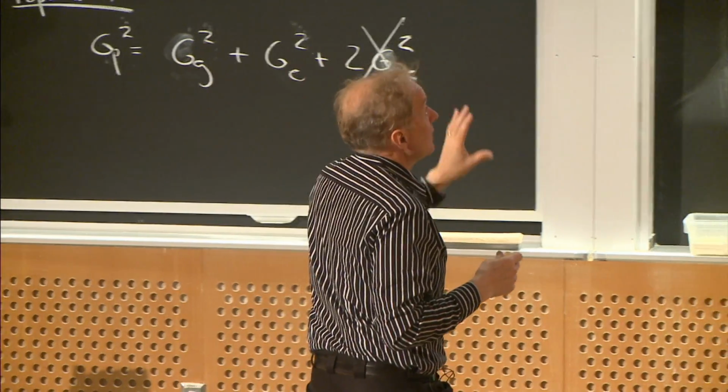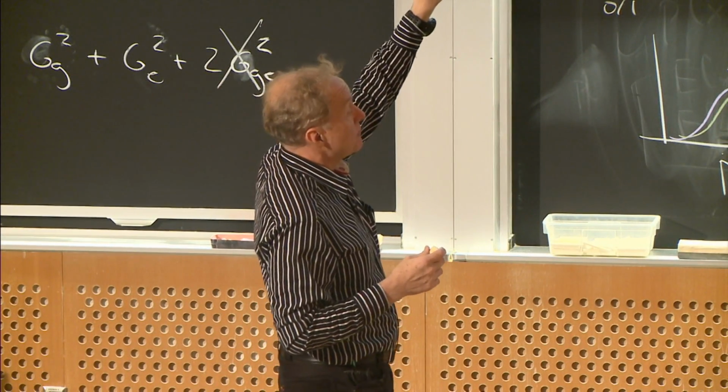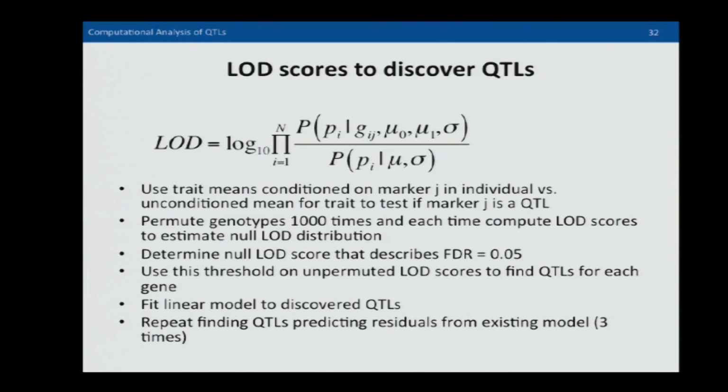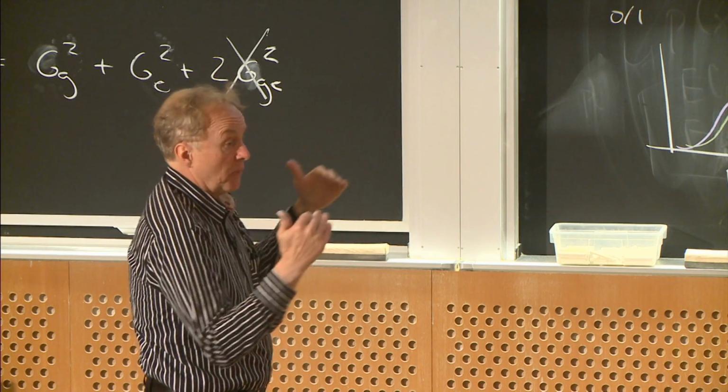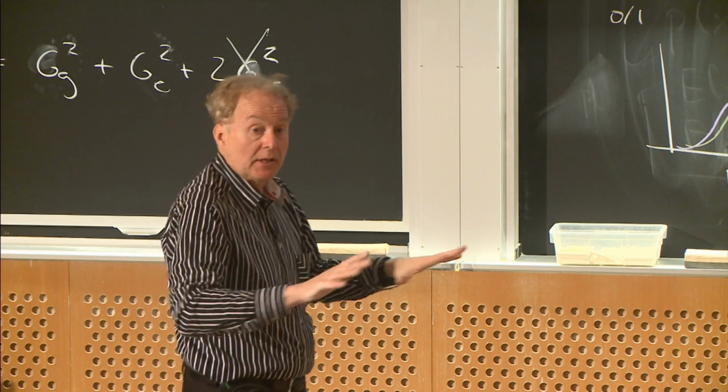So you can directly compare the statistic that you compute against a threshold and accept any marker or QTL that has a LOD score greater, in this case, than 2.63, and put it in your model. And everything else you can reject.